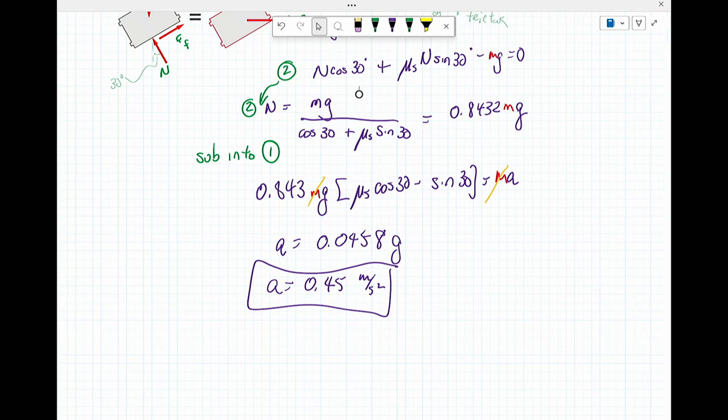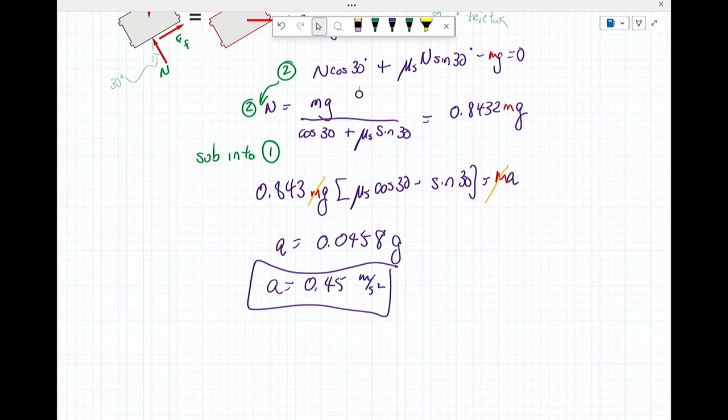Wait, hold on. I saw one of you three. So essentially we're just calculating acceleration when friction is at maximum? That's correct. When we were answering this sort of question, it's asking what's the minimum acceleration for this to fall. We found the acceleration where it's equal.